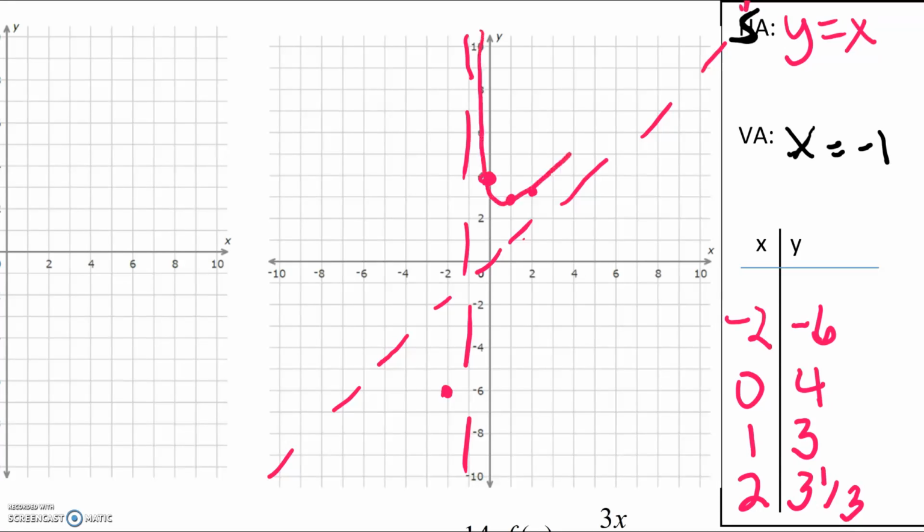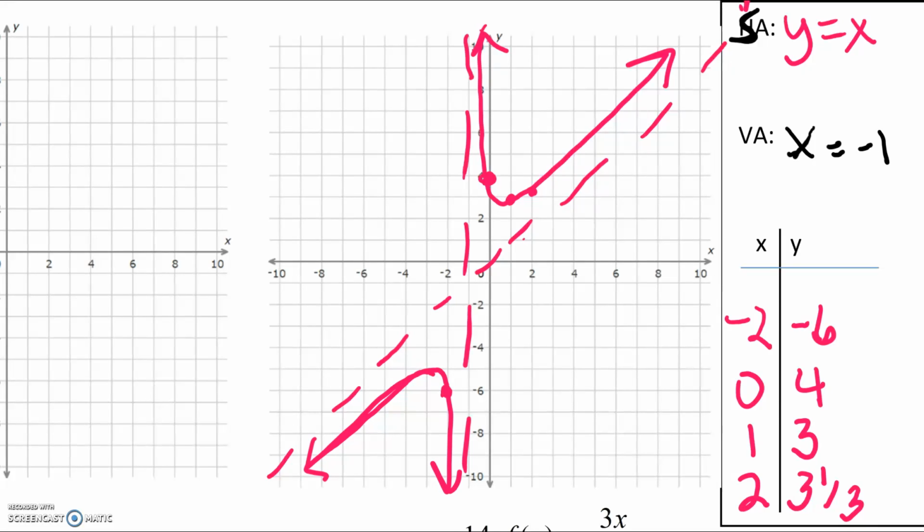Now this is just telling me where that graph is. Normally I would have you choose some two to the left and two to the right of the vertical asymptote. As long as you are drawing it in the correct area, I do not mind. Your graph might look slightly different than mine, but it should be very similar.